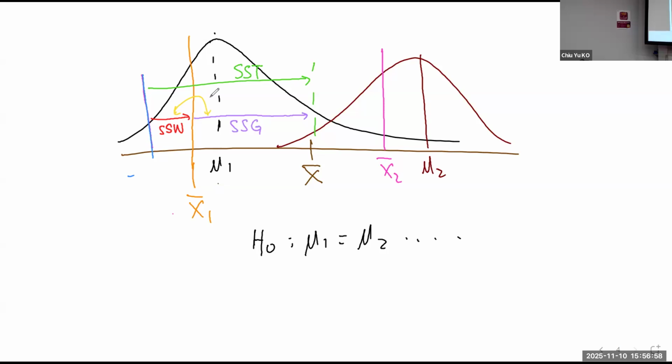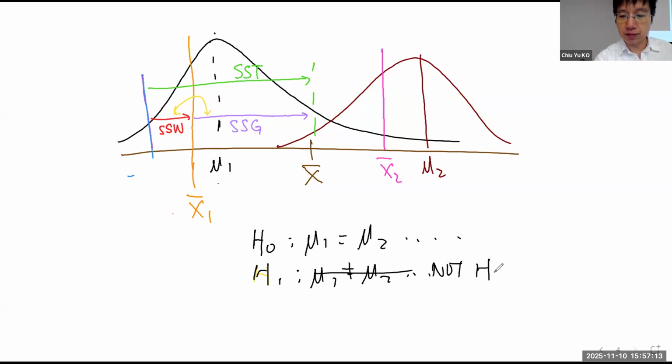Suppose they're not the same, right? If the null, mu1 equal to mu2, is not true, that means SSG must be bigger than SSW, right? Because SSG has two things.